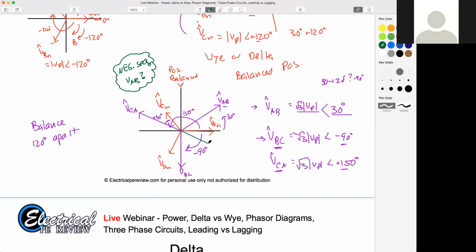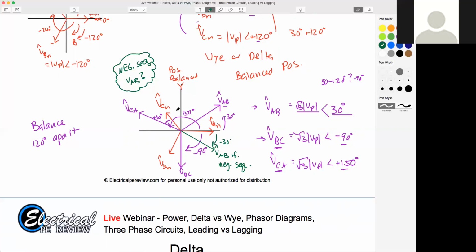So it would be right here, VAB if negative sequence. And it would still have that same 120 all the way around, right? So really your negative and positive sequence, it's just telling you, does your line voltage lead or does it lag, and then what's the orientation?